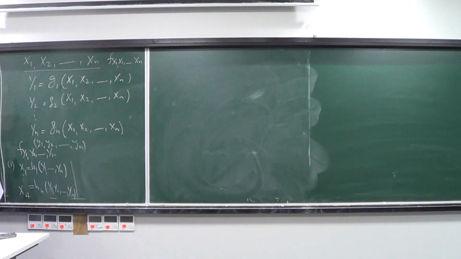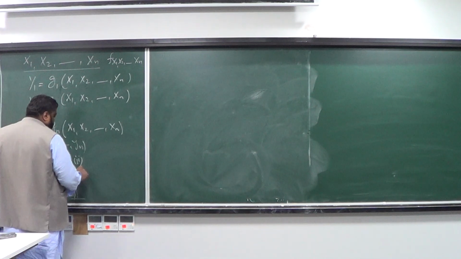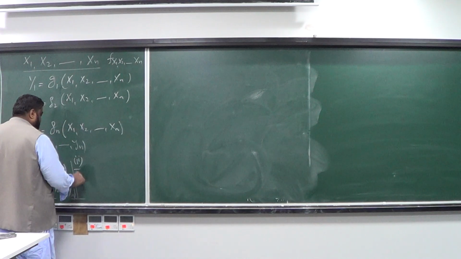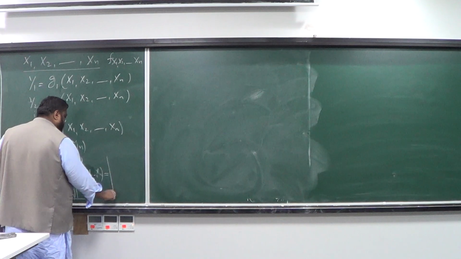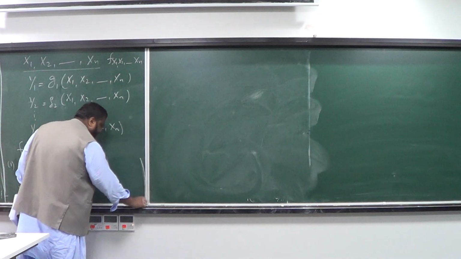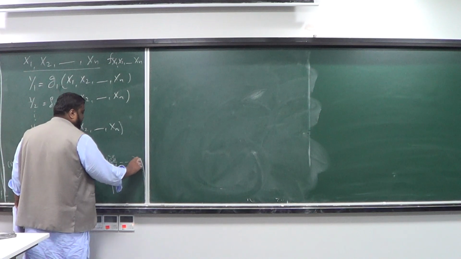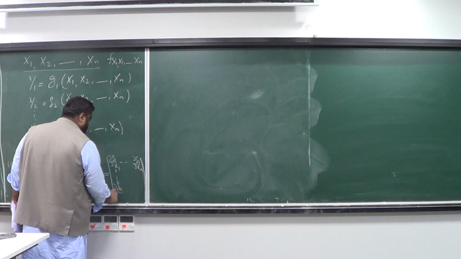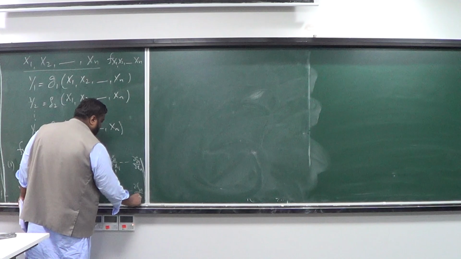Okay, so we have this, and the second assumption is that the Jacobian of x1, x2 up to xn, which is going to be a determinant, in which you have partial g1 by partial x1 up to partial g1 by partial xn, so on and so forth, partial gn by partial x1 up to partial gn by partial xn.